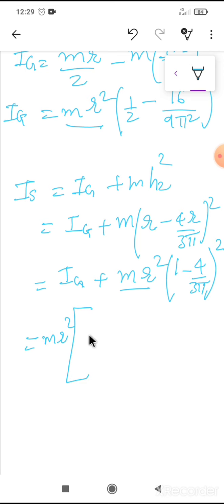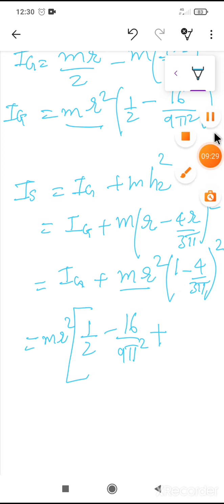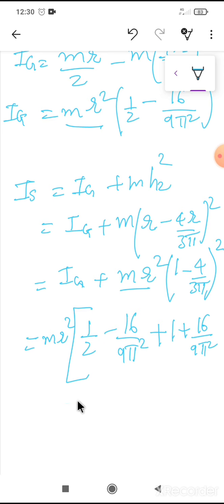So we are left with 1 by 2 minus 16 by 9 pi square, plus 1 minus 4 by 3 pi, whole square. I will apply the formula for a minus b whole square, that is a square plus b square minus 2ab. So we get 1 plus 16 by 9 pi square minus 2 into 4 by 3 pi.